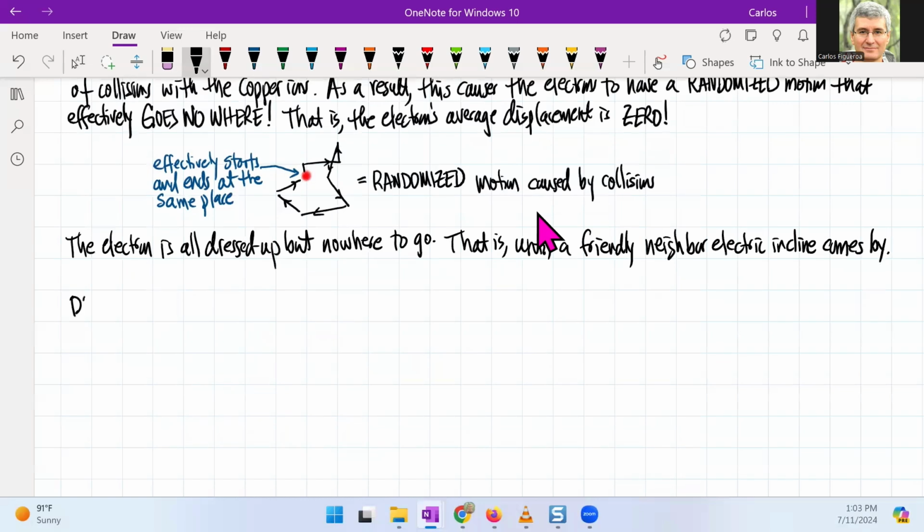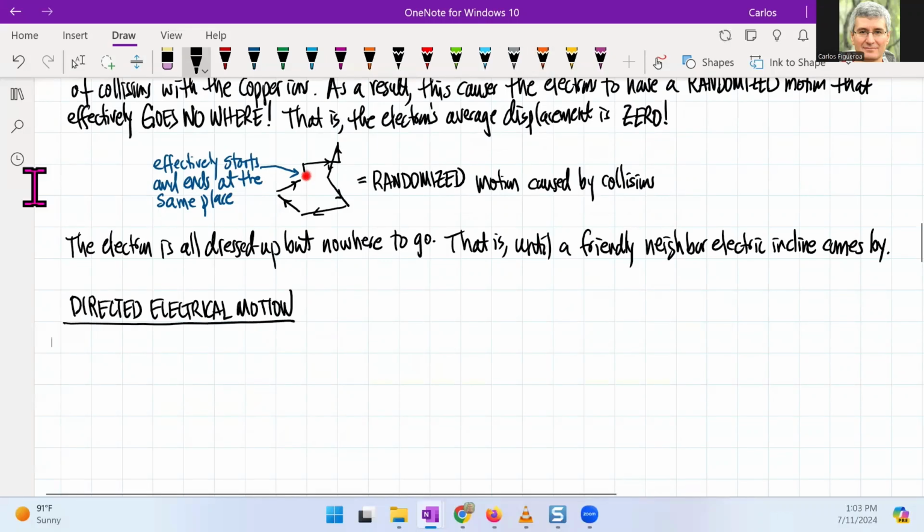Now we are at directed electrical motion. As soon as we have directed electrical motion, things change.